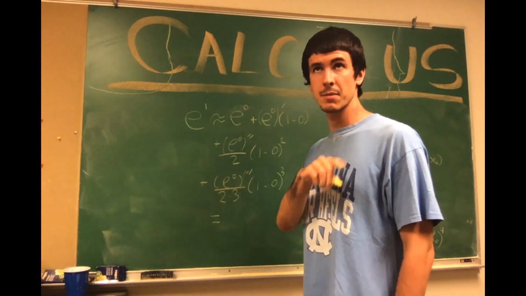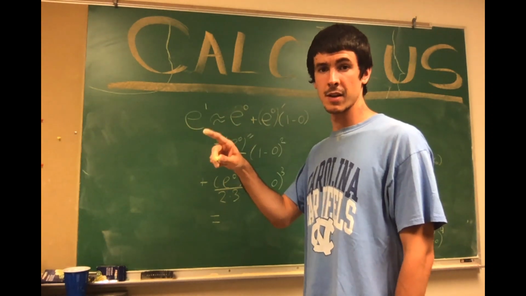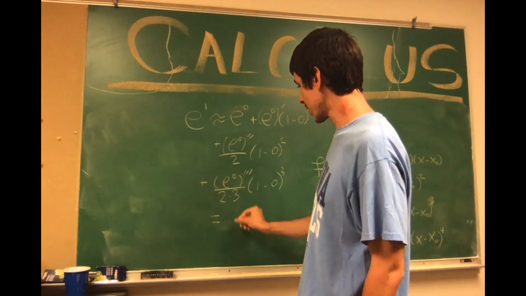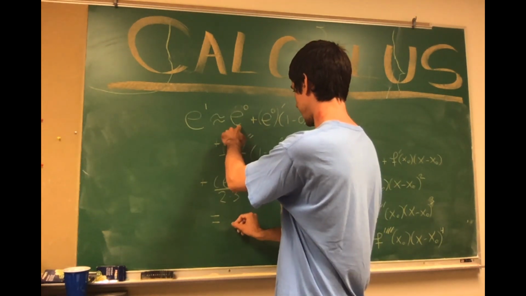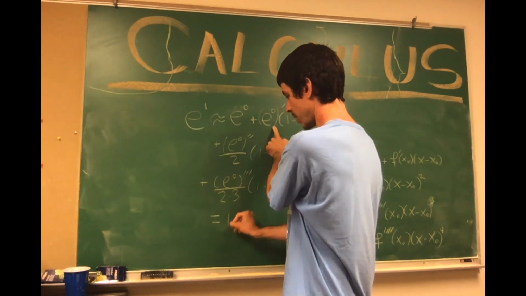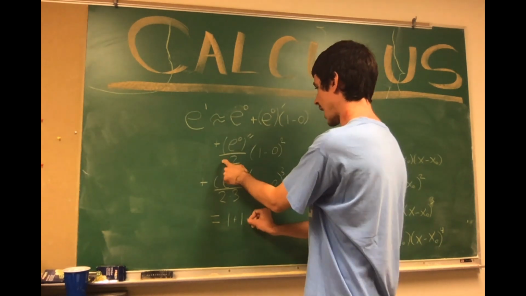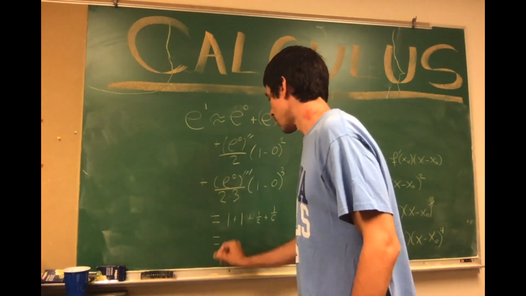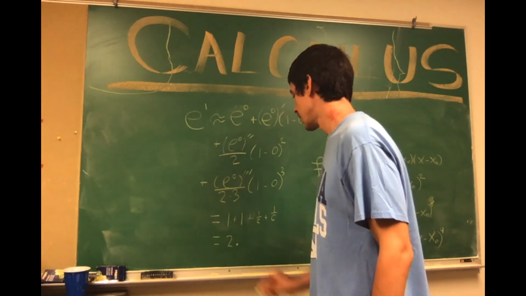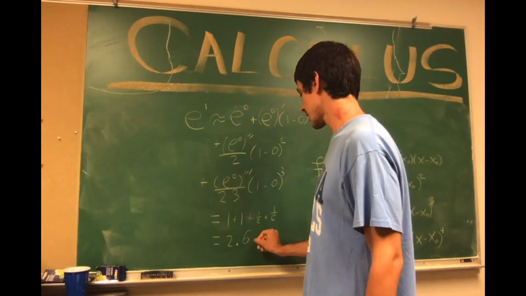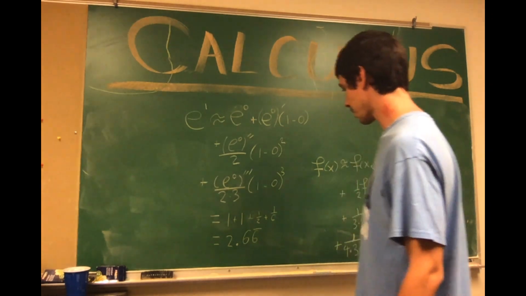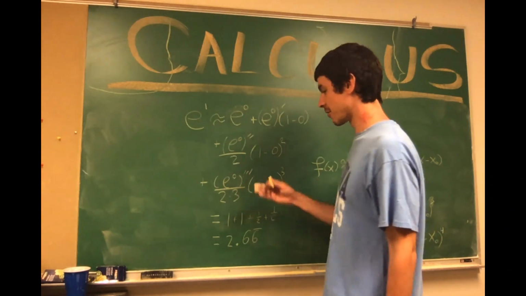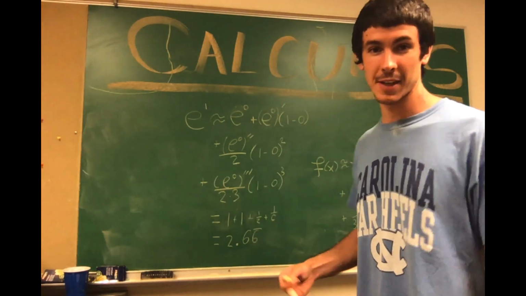Yes, because 1/3 is 0.3 repeating, so 1/6 is 0.16 repeating. So this is going to be 1 plus another 1 plus 1/2 plus 1/6, which is equal to 2.6 repeating. And so that's getting a little bit closer, and by the time we did a fourth approximation, you would be able to tell that we're getting closer and closer.